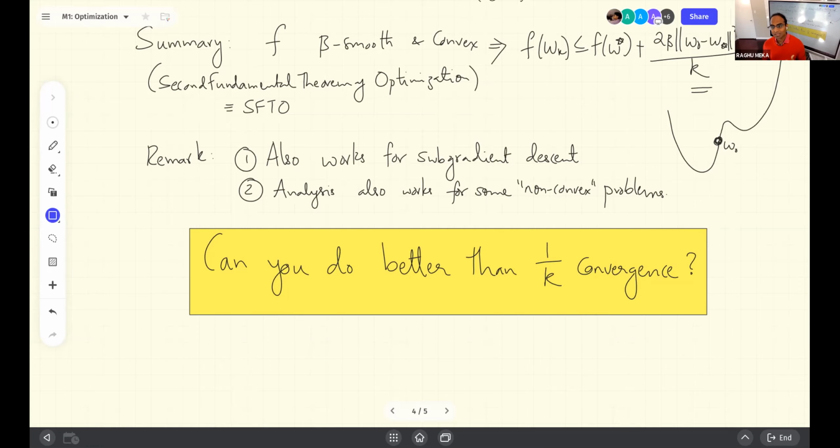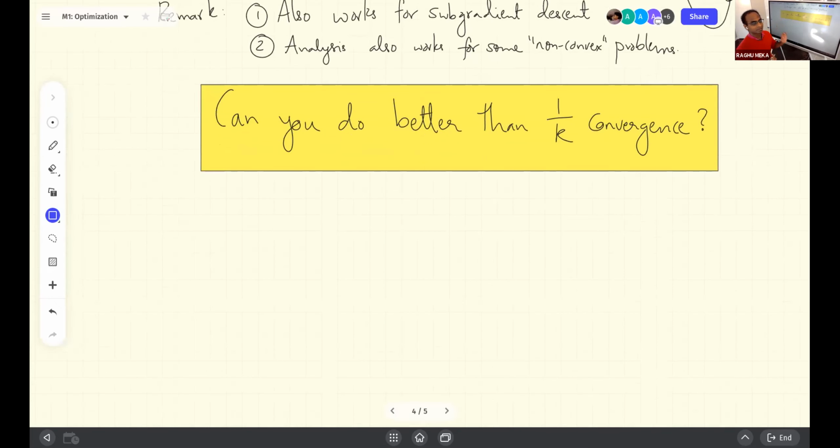And in optimization literature, there's a name for such simple methods. These are called first order methods.